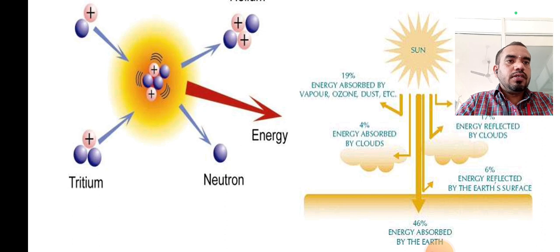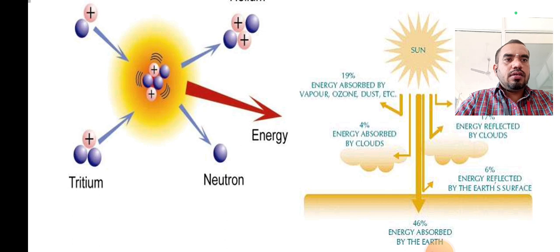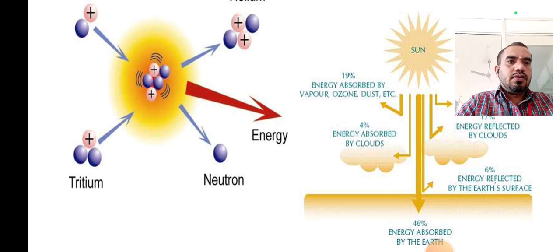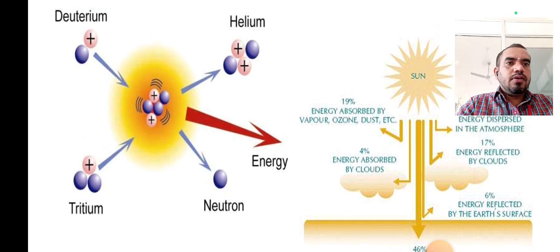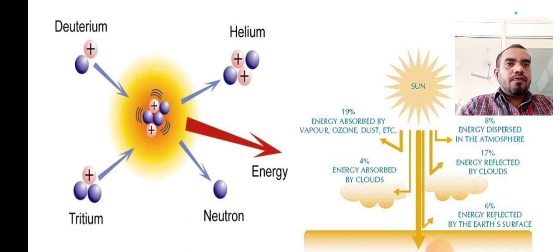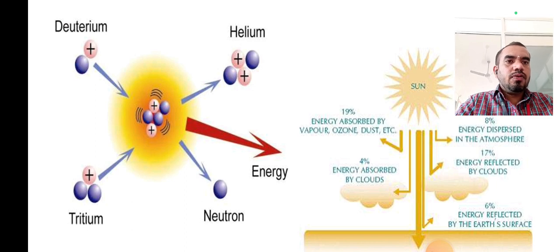6% of the energy is reflected by the earth's surface. We can also see that 4% of the energy is absorbed by clouds, so this will not reach the earth, and another 17% of the energy is reflected by clouds.